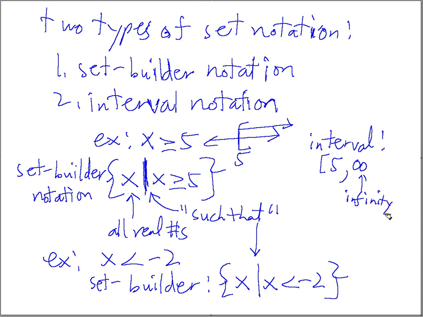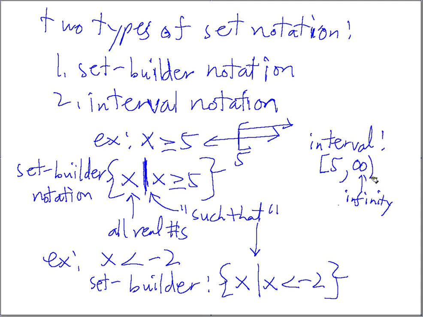It goes on forever: 5, 6, 7, 8, 9, 10, and so on. Infinity is just a mathematical concept, not really a number, saying the numbers keep getting bigger and bigger forever. So with infinity, you never use brackets. You always use parentheses next to infinity.